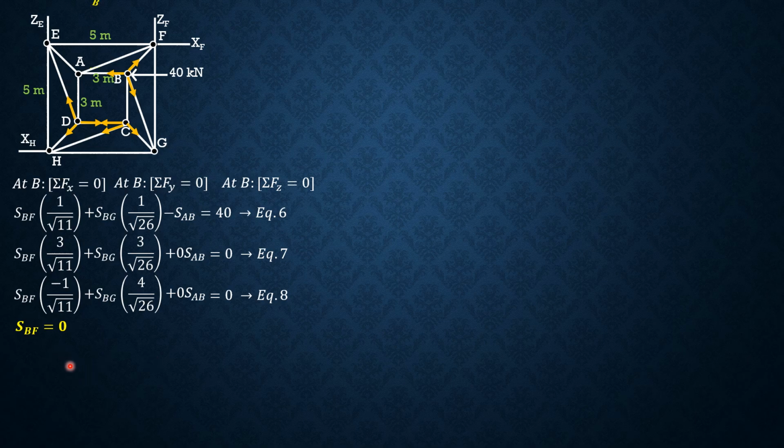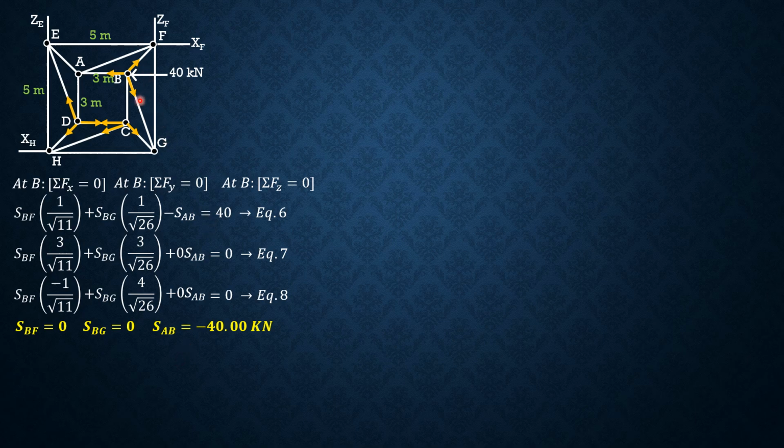SBF is 0, SBG is also 0, and SAB is negative 40. So these results are obvious from the special rule.